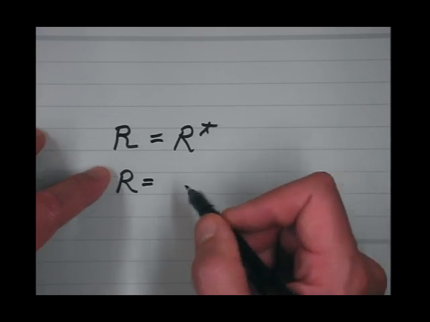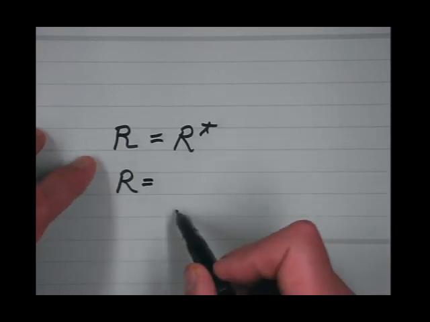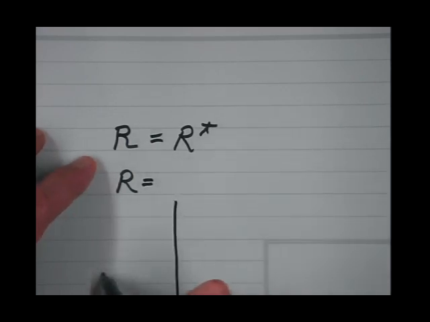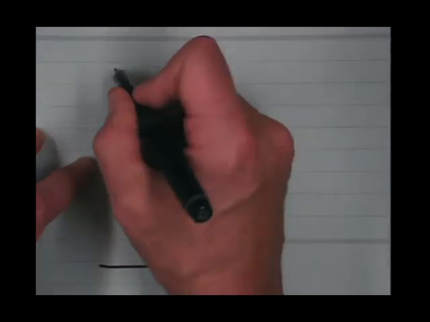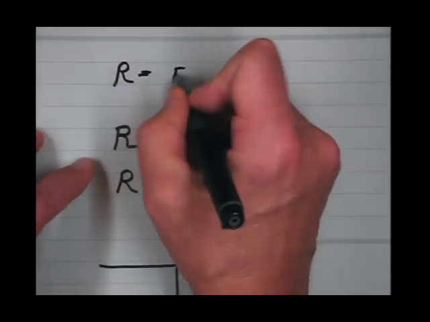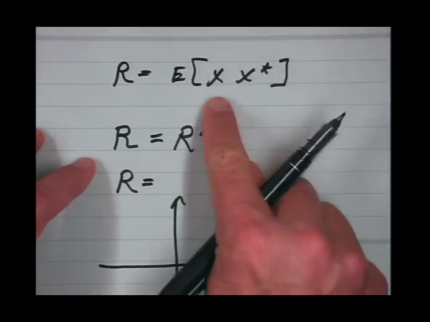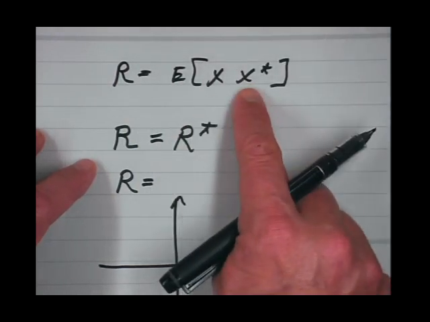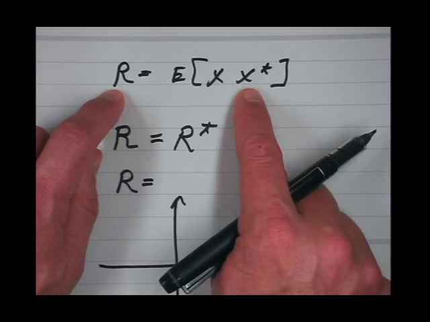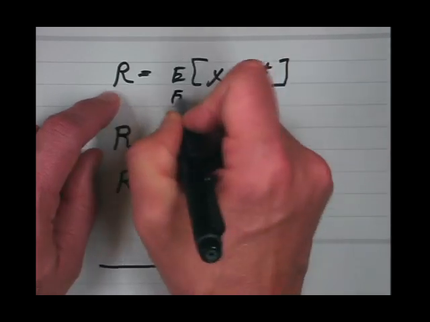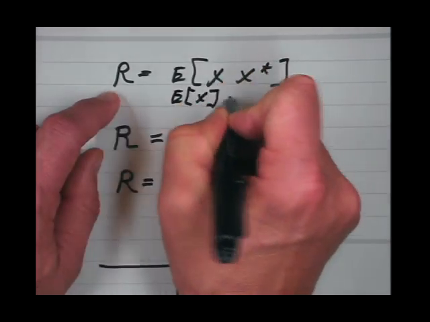Okay. So R, let's just do a quick review here. We have a covariance. So what's the covariance? Let's say we have a random variable. R here is the expected value of x x transpose, where x is a random vector, and let's say it's zero mean, so the expected value of x equals 0.